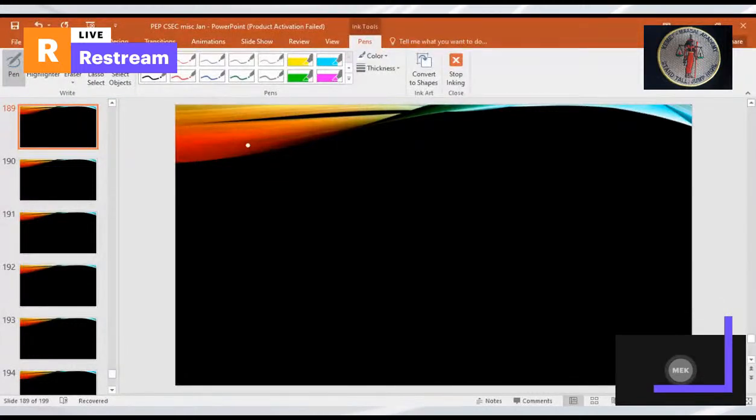I can't draw straight lines with this, so pretend this is straight. So that's the right angle triangle.